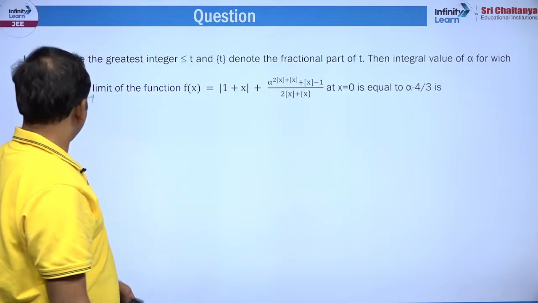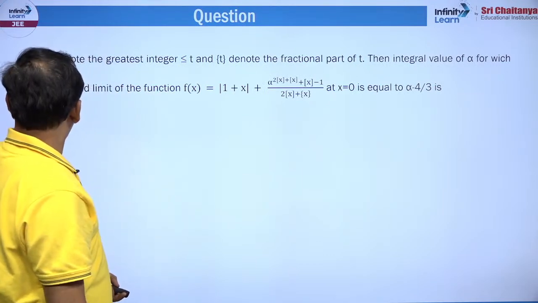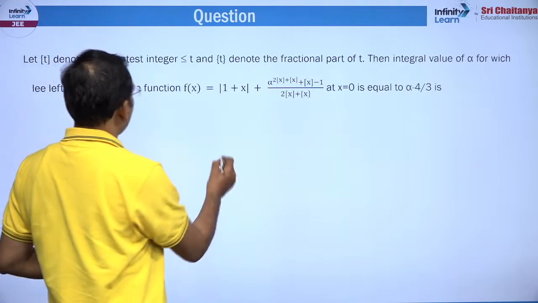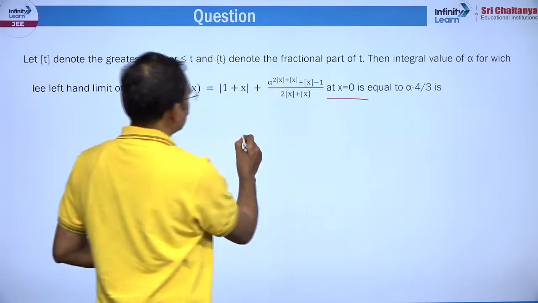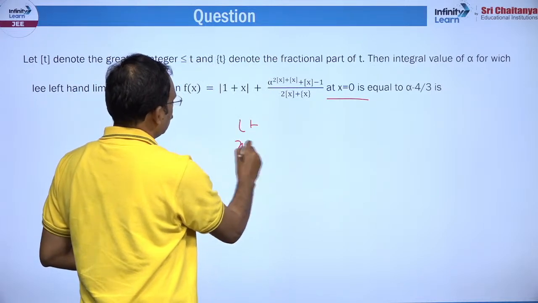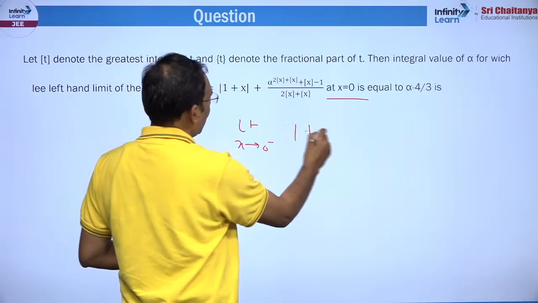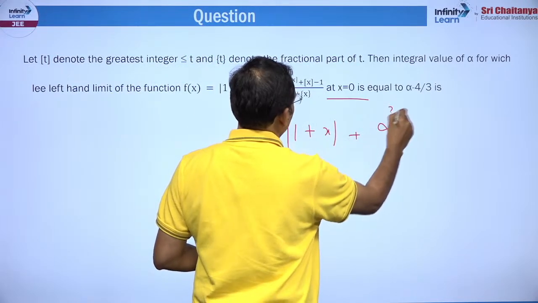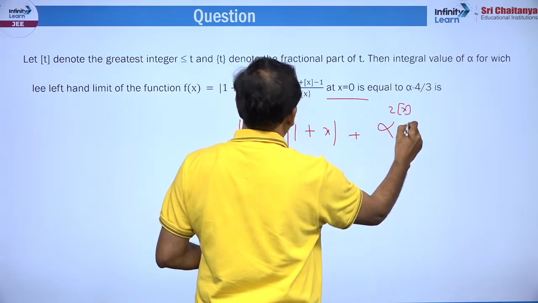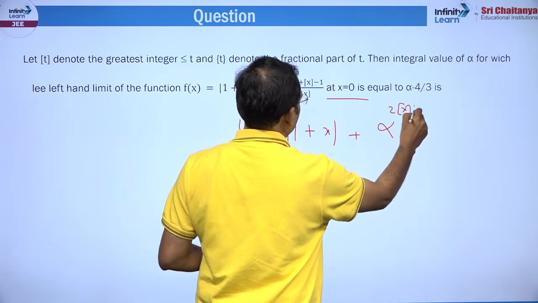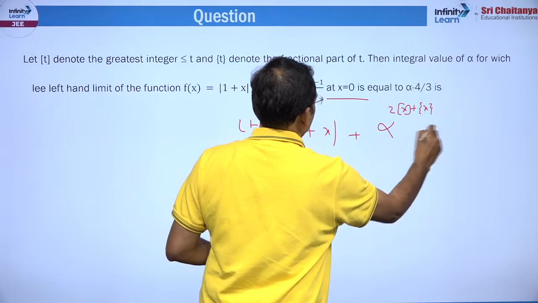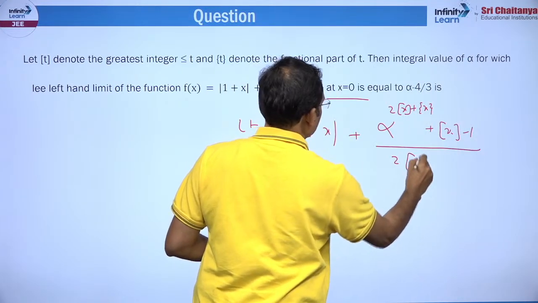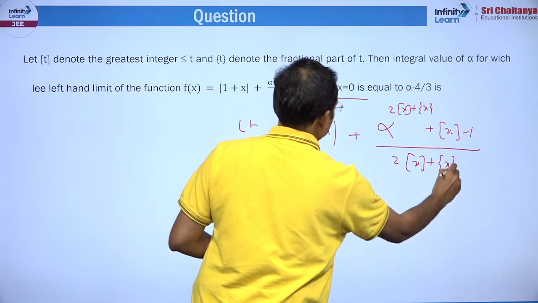Next, you see, let [t] denote the greatest integer function. You see, this is the left hand limit at 0. So, limit x tends to 0 minus of (1 plus |x|) plus alpha power [x] plus, I guess, fractional part of x, plus [x] minus 1 by 2 [x] plus fractional part of x, right.